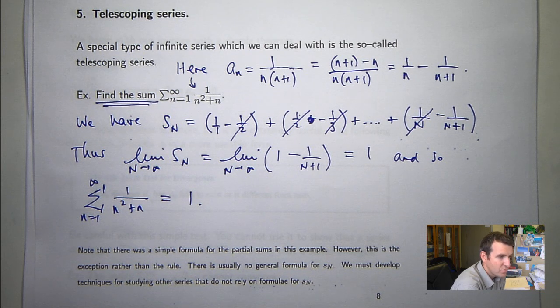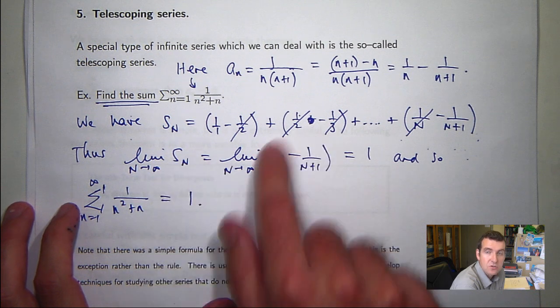Now, we came up with a formula for the big nth partial sum here. It was 1 minus 1 on big N plus 1. In general, it's not possible to come up with these pretty formulae or representations for partial sums of series. It's just too hard.